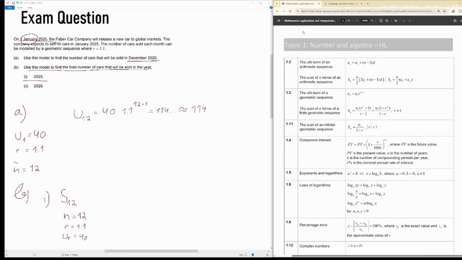So we can look at our formula booklet and look at the formula given. So we go 40, then we put 1.1 to the power of 12 minus 1, divided by 1.1 minus 1.